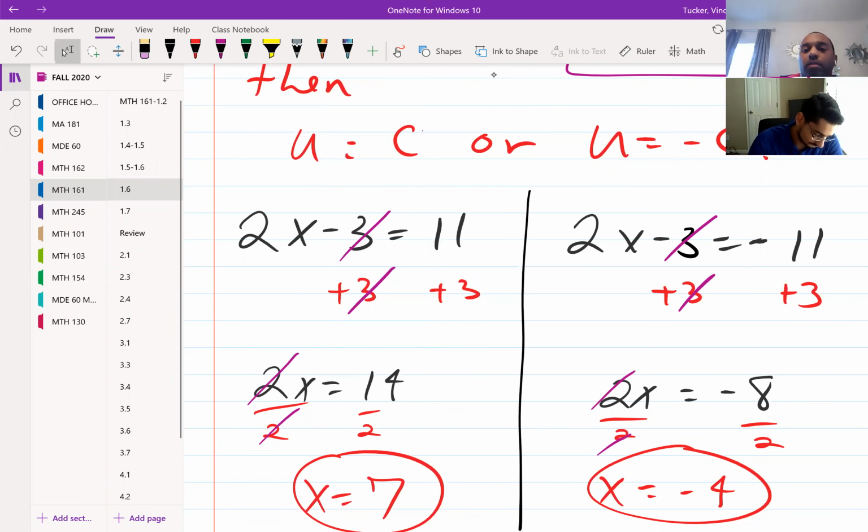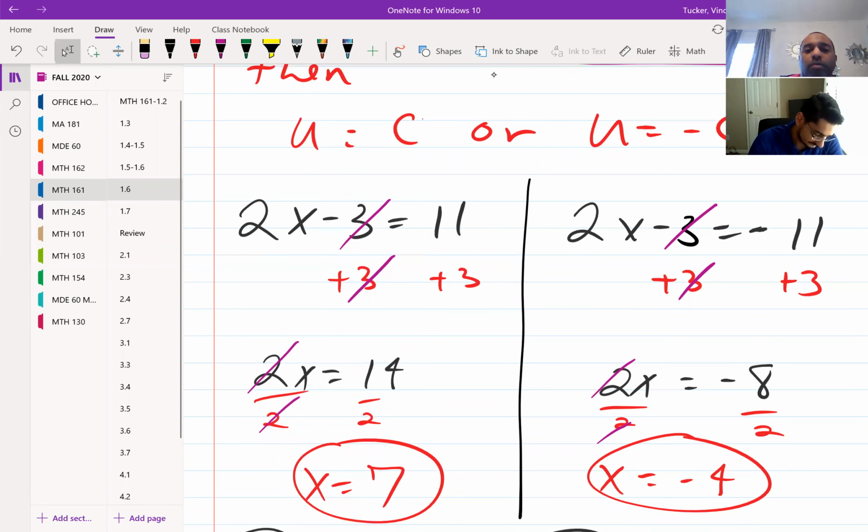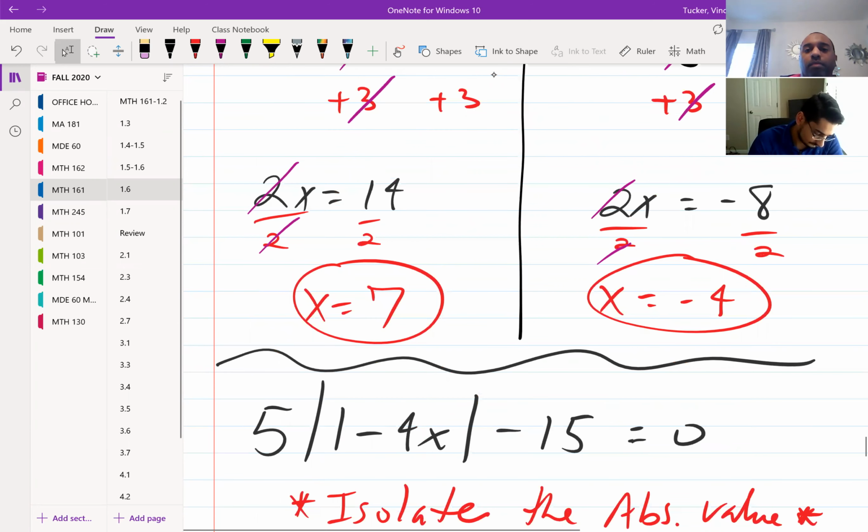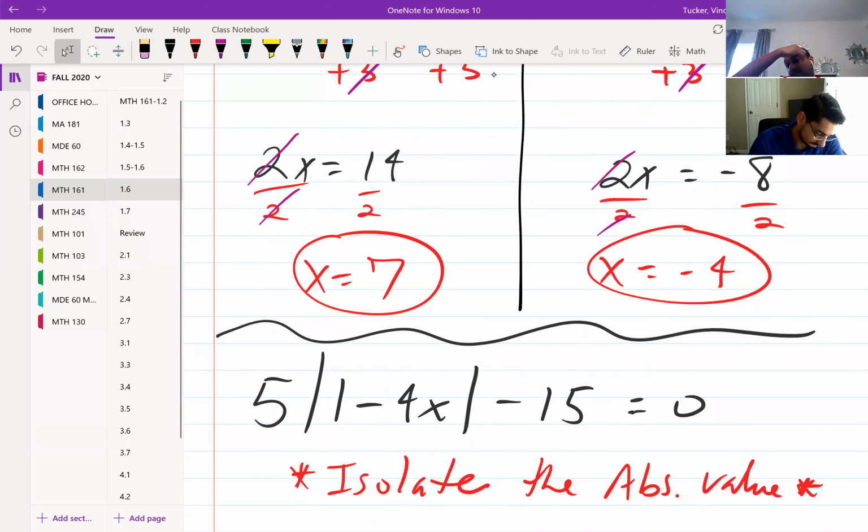All right, make sure we're okay before we go to the next one. All right, so next one we have 5 times the absolute value of 1 minus 4x, minus 15 equal to 0.